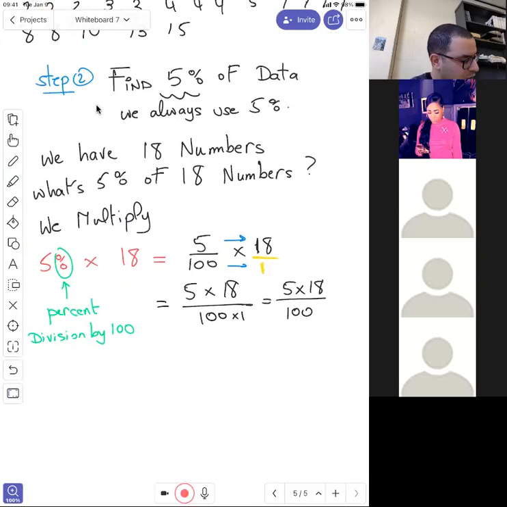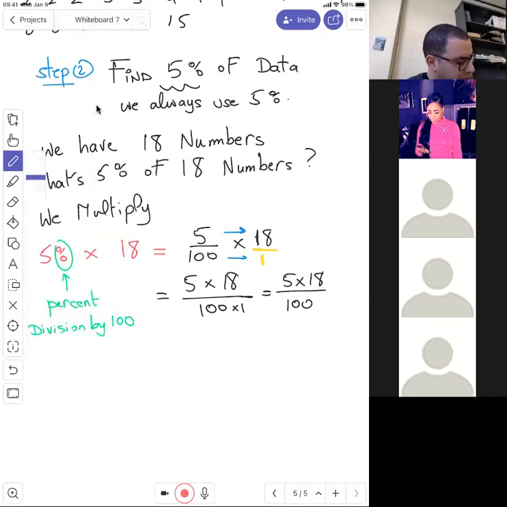So you just multiply the 5 by 18. That will be 90 over 100. Just use your calculator to divide 90 by 100. That's 0.9. Then we said we need to round to the nearest whole number, right?